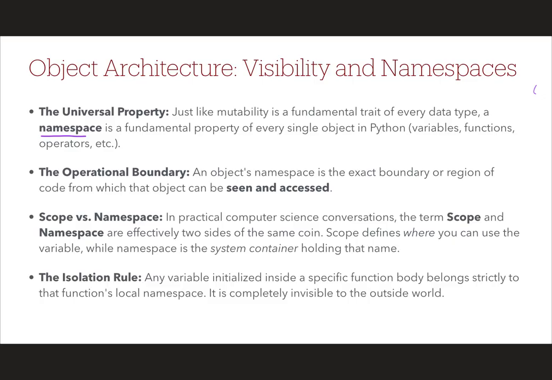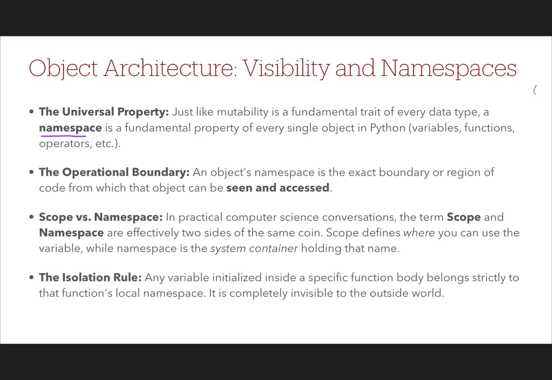That is a fundamental property of every object in Python. In other words, when you define a function or variable, for each variable or function, something called a namespace is combined.